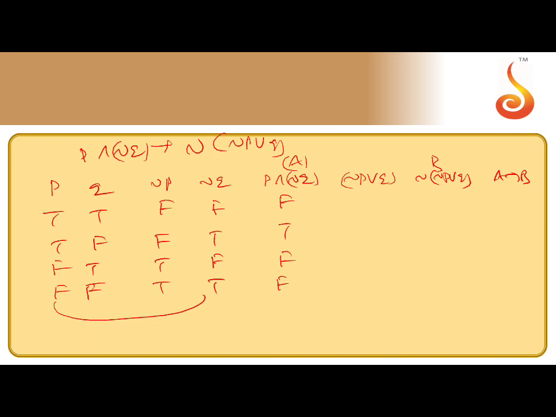So negation of P or Q: it is false only when both are false, otherwise true. TF is T. FF is F. TT is T. TF is T. Next, negation of this one: F, T, F, and F. A implication B. Implication means, what I told, TF means F, otherwise true only.